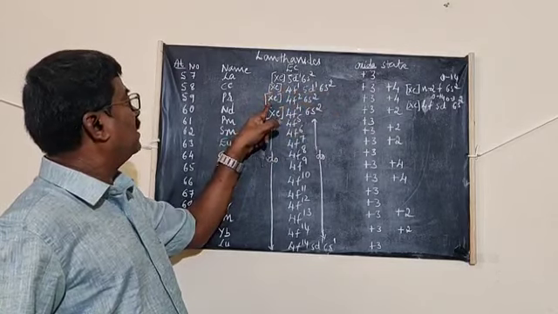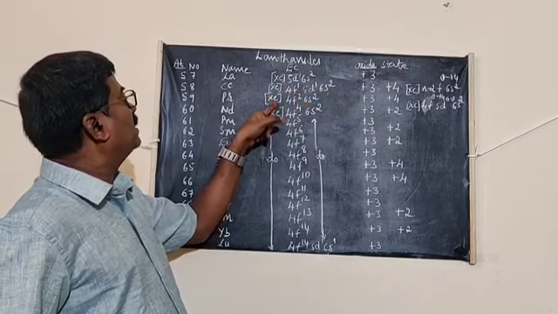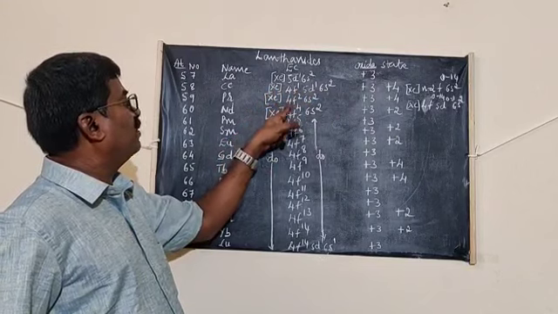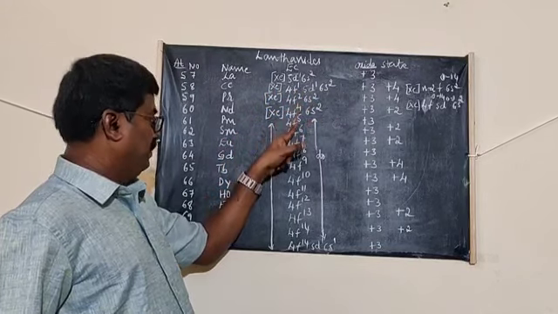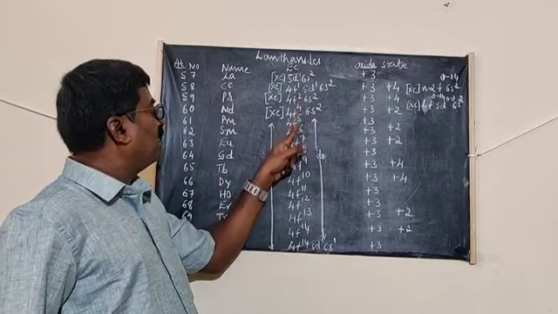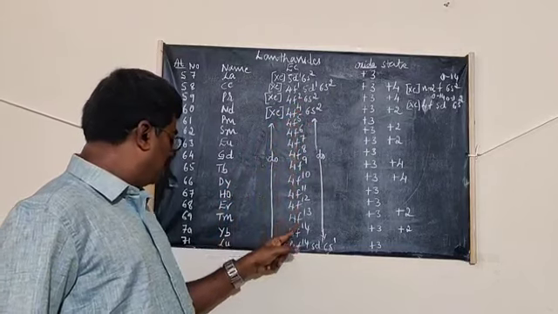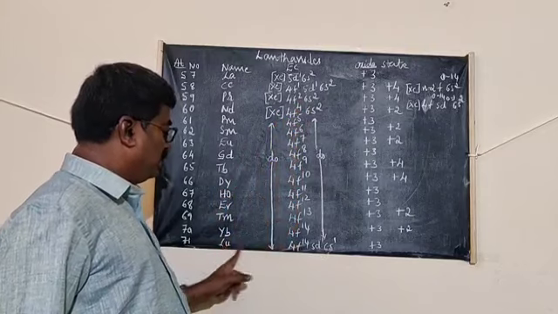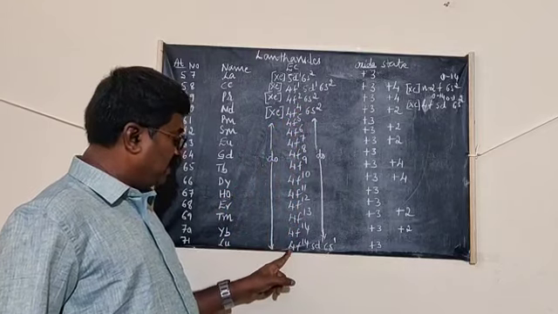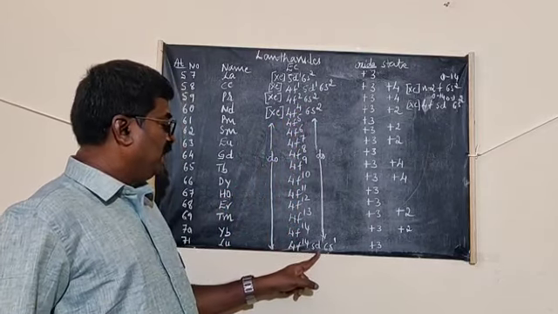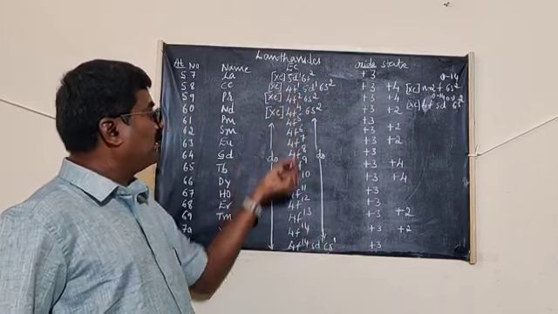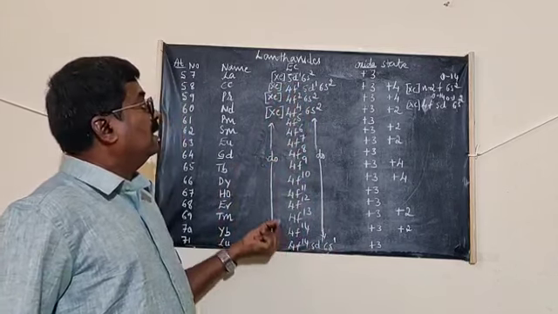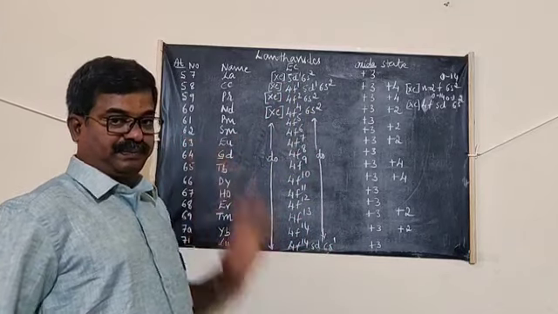The next element is xenon 4f2, 6s2, and in the following elements the electrons enter into the 4f orbital, while lutetium has the electronic configuration 4f14, 5d1 and 6s1. So this is about the electronic configuration of the lanthanides.